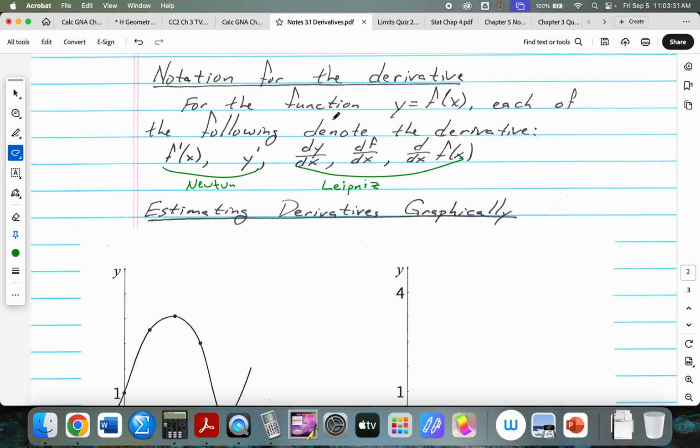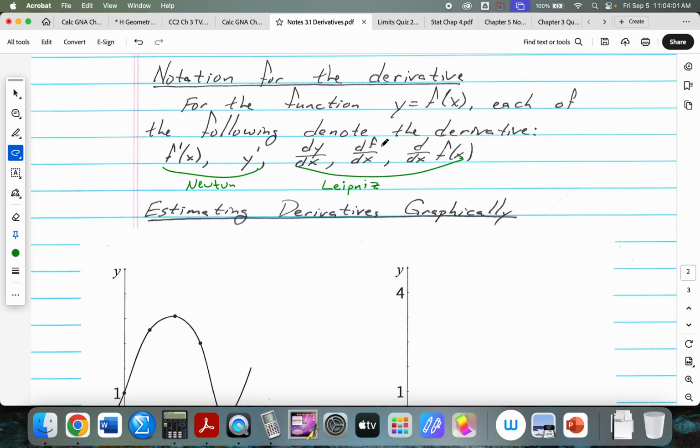Anyway, this is just read dy dx. He was thinking of this slightly differently, but I kind of like this because it reminds me of delta y over delta x, which is how you find slope. He actually thought of it that way, but he thought of it as an infinitesimal distance in x and another infinitesimal distance in y, and what is their ratio.